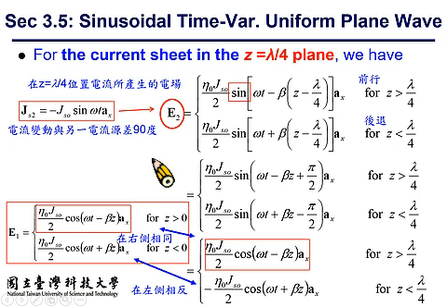So in this region it becomes minus eta sub 0 J_S0 over 2 cosine omega t plus beta z.